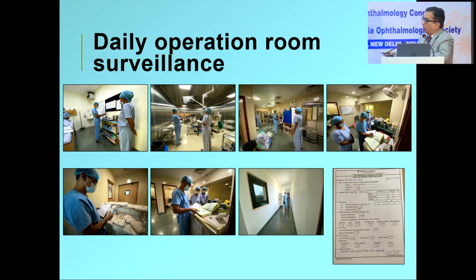Then you go into the operation room and check its systems. Go into the sterilization room, look at all the records, the biomonitor, the indicators, whether they have changed color, whether your OT staff is making a note of the load, which trays each load contains, and which tray has gone to which OT if you have more than one OT.